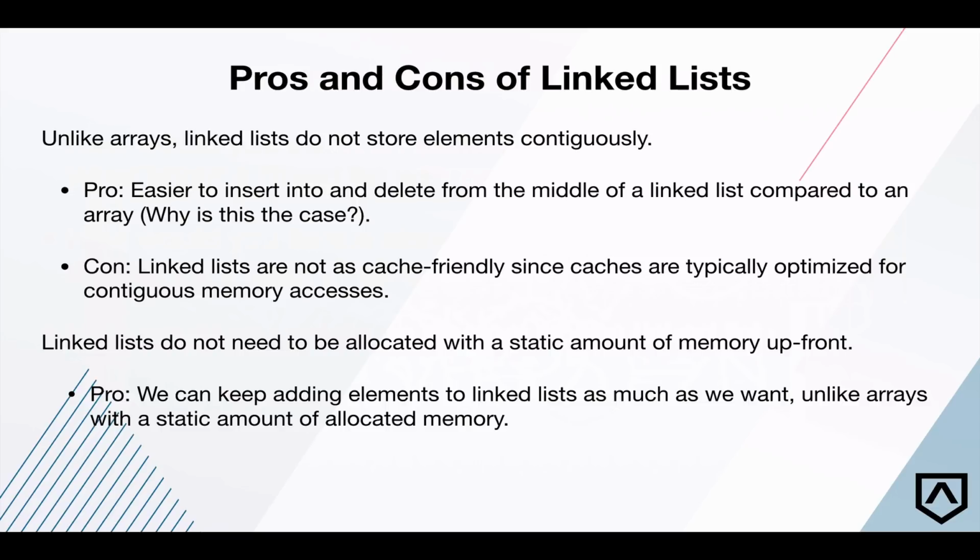Okay, so one of the cons then of linked lists is that linked lists are not as cache friendly as arrays, because caches are actually optimized for contiguous memory accesses. And as we've already talked about, arrays are just contiguous blocks of memory. So the items are all literally stored right next to each other in memory, and caches are optimized for accessing memory addresses that are right next to each other.